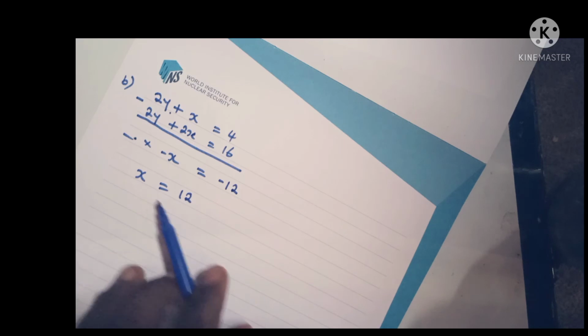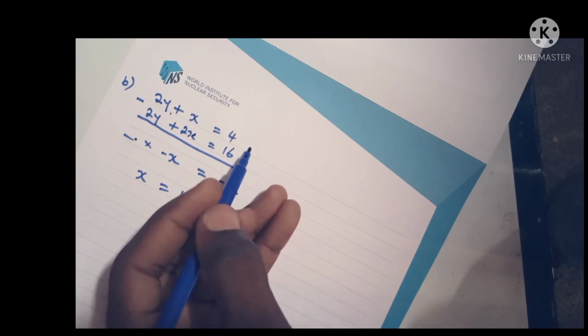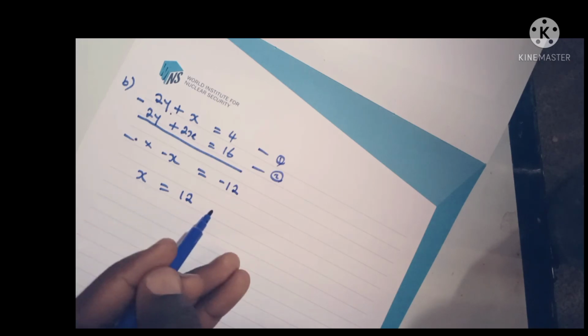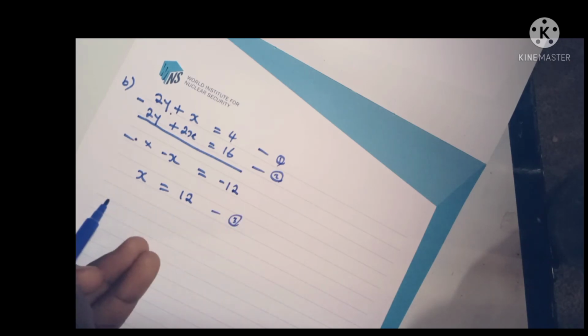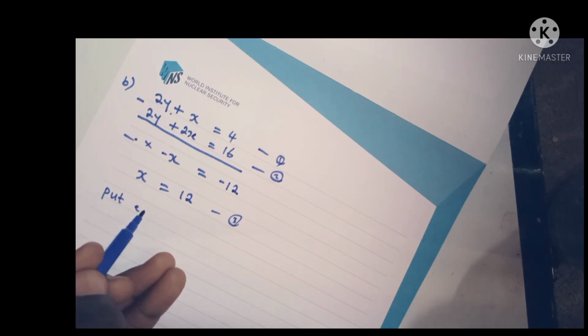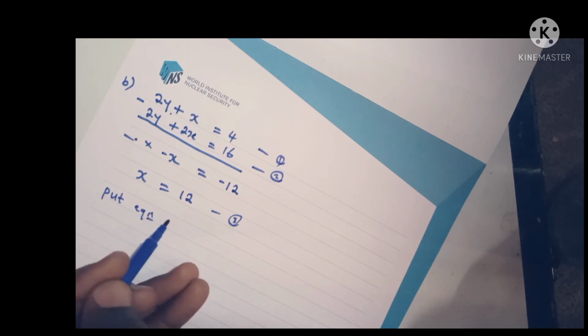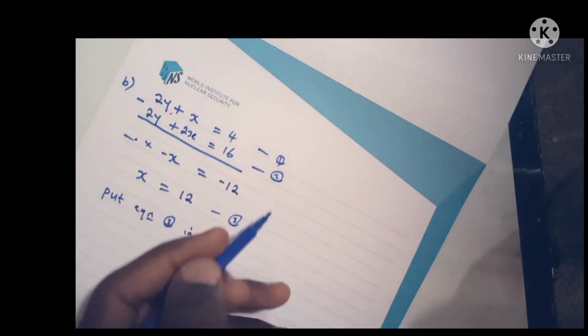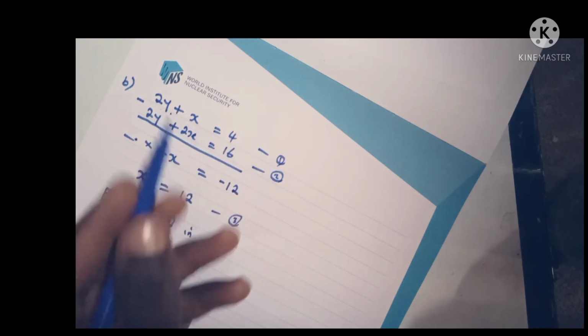Since we now have our value of x, we can put it in any of these equations. We can call this one equation 1, this one equation 2, and this one equation 3. So you can say put equation 3 in any of the equations we choose. Now let's just choose one.